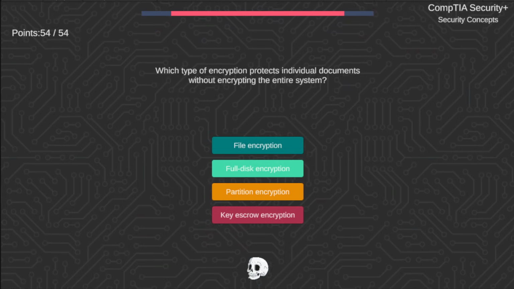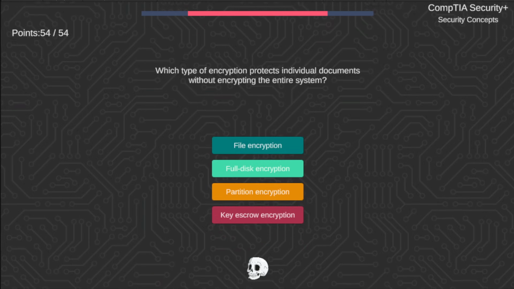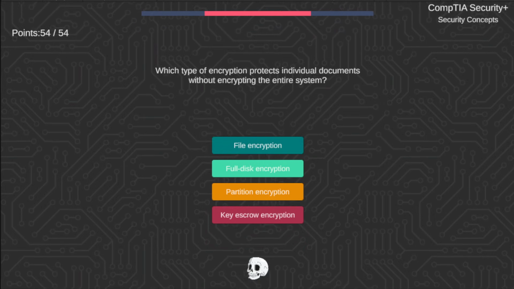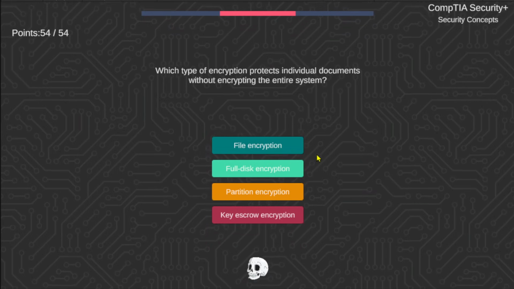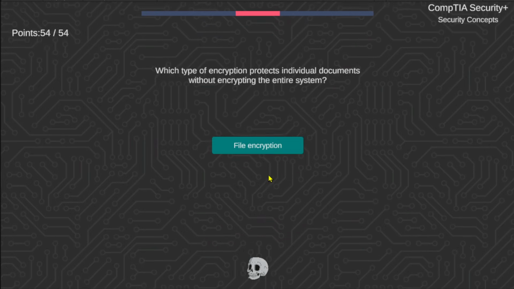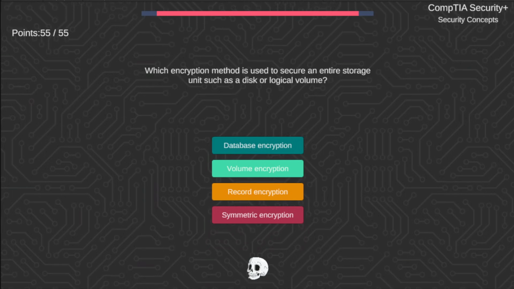File encryption, full disk encryption, partition encryption, or key escrow encryption? Correct answer, and we already know the other two. We already know it can't be full disk, it can't be partition, and it's not key escrow, so it is file encryption. I say that for one of the easiest ones on the entire course.